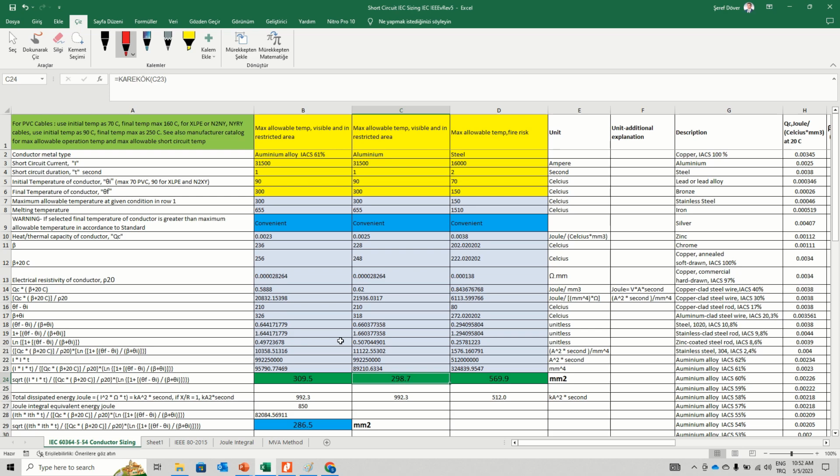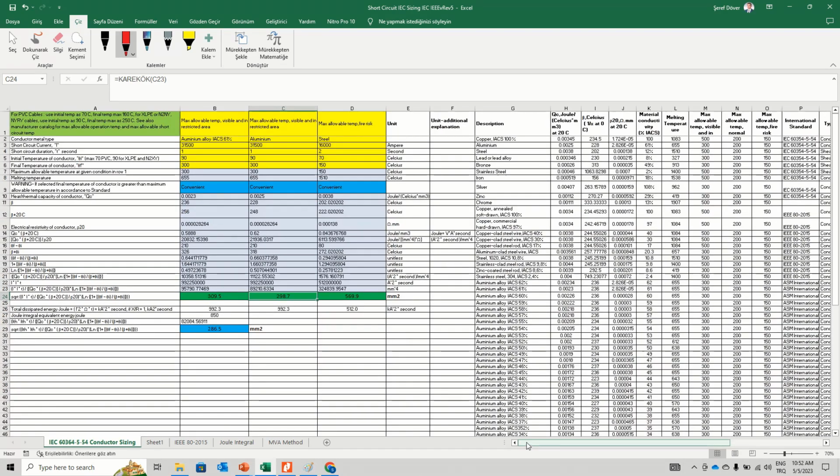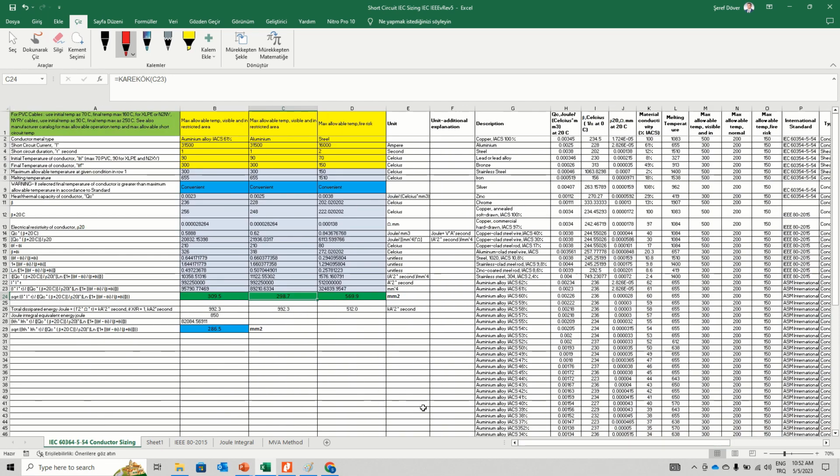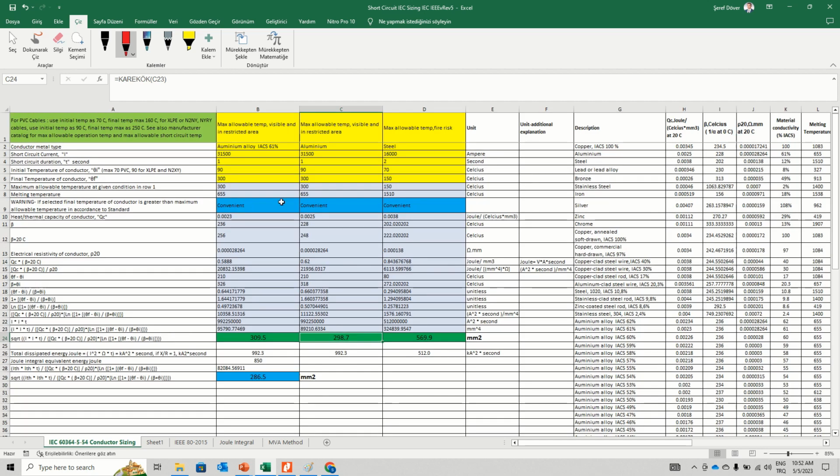I also want to show you this part of the Excel calculation tool. As you see, all the material conductivities are here, and you will see all these coefficients here. But you don't need to deal with all of these. You will only use this very simple and very flexible tool. I think you understood this.